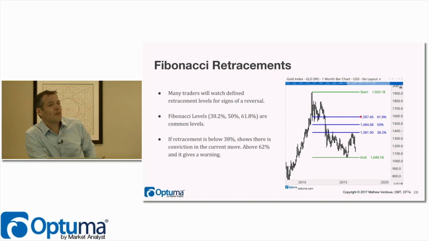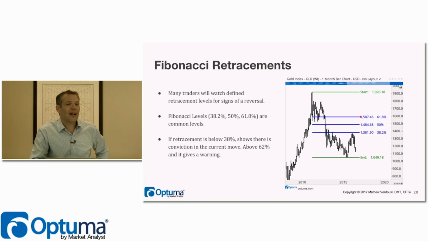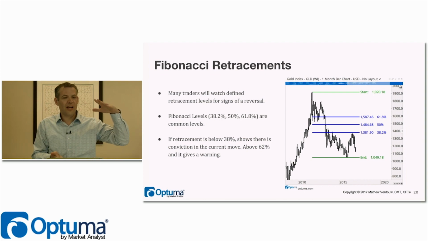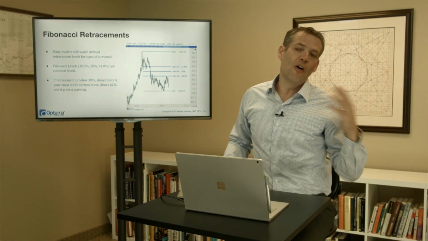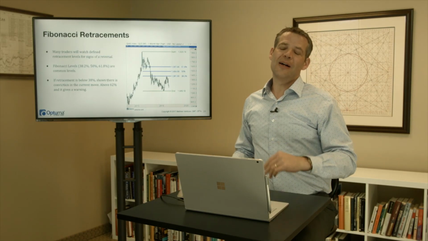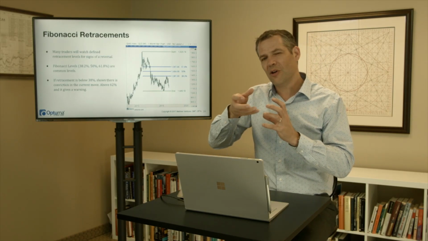Sometimes some people will flip those around and say, well, this is the 68% mark. The reason they do that is that they're working on this model of, if this was the move down, then when it comes back up, that was back up to the 68% mark of the previous move. So that's why you can sometimes see them flipped.